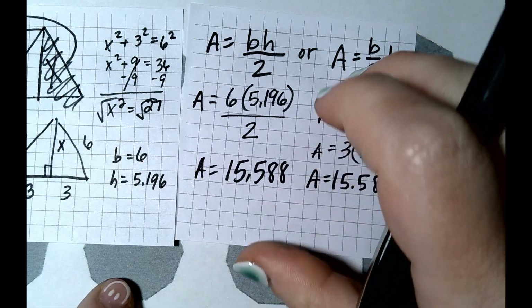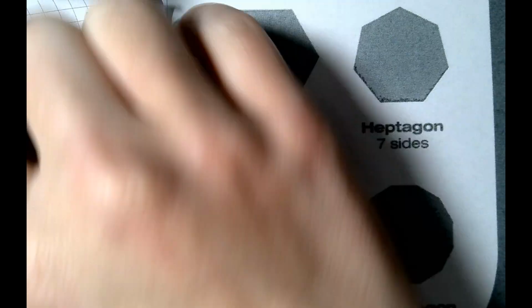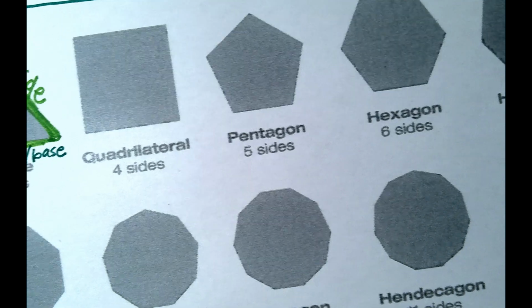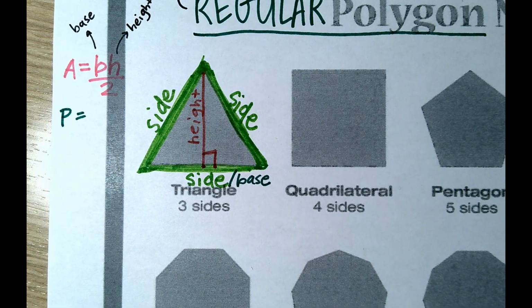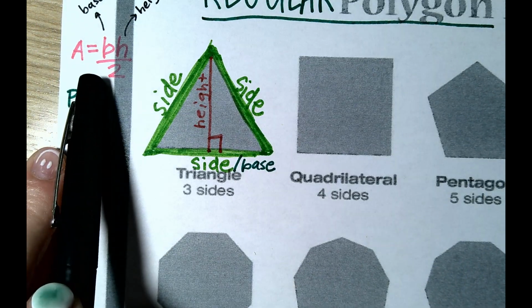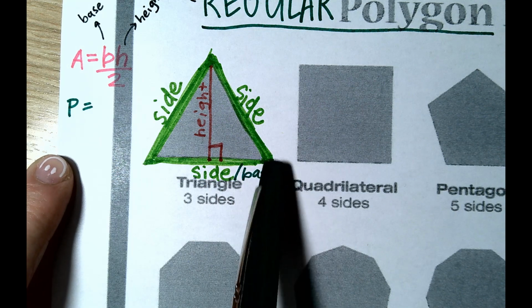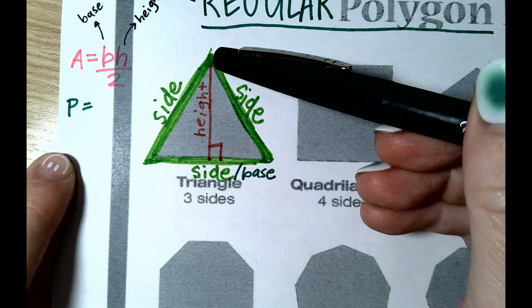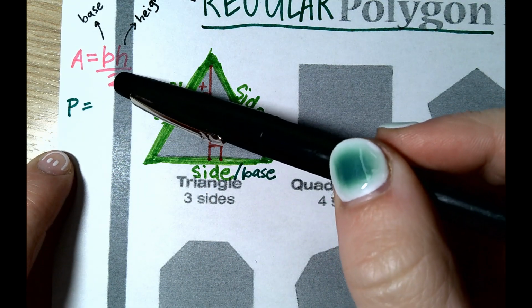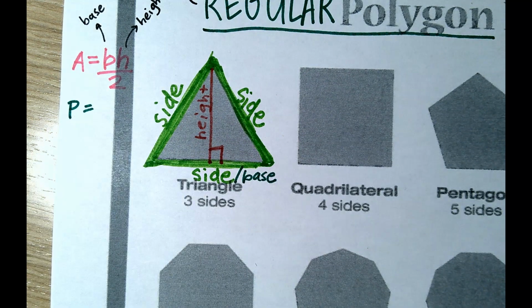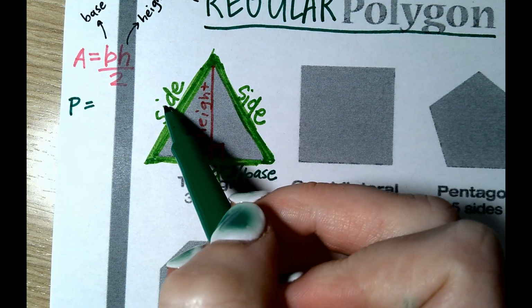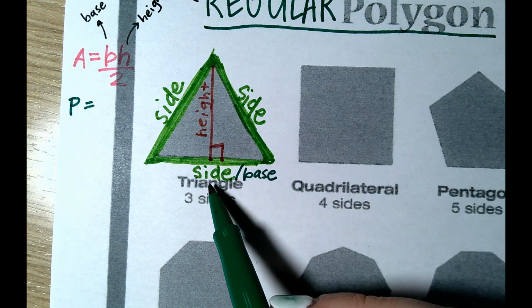But anyway, if you zoned out during that, time to zone back in. We are back to regular instruction. So to find the area of a triangle, you would want to take the base times the height and divide by 2. To find the perimeter, we will do side plus side plus side.